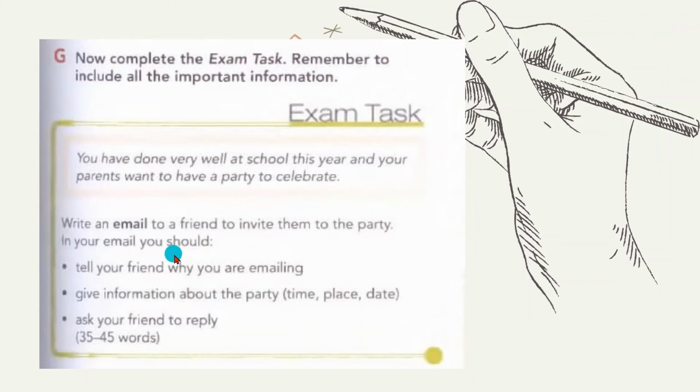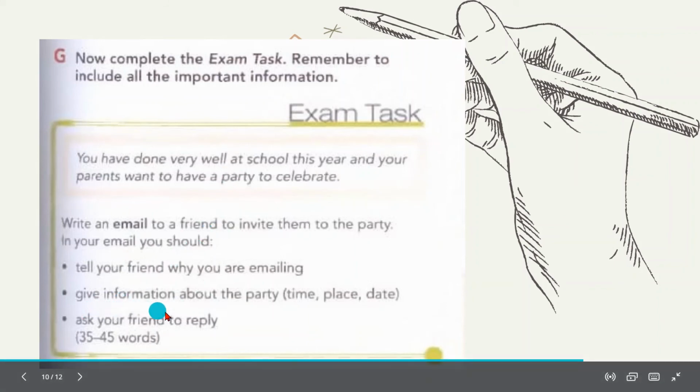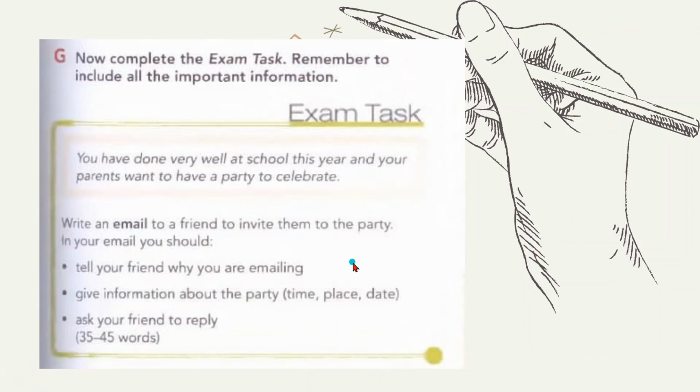In your email, you should tell your friend why you are emailing. So the reason of the email, because you want to invite them to a celebration because you have done very well at school. And you have to give information about the party, the time, the place, the date. If you want to make your writing more interesting, try to choose something that is uncommon.